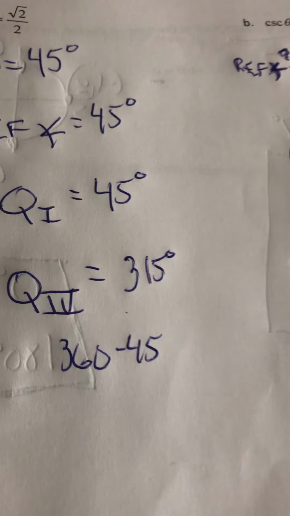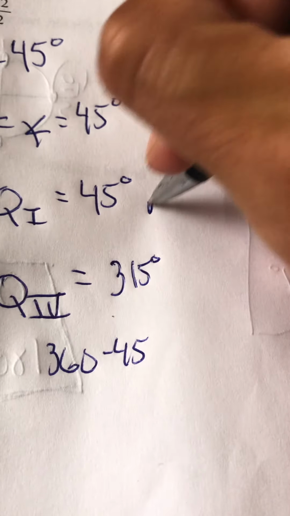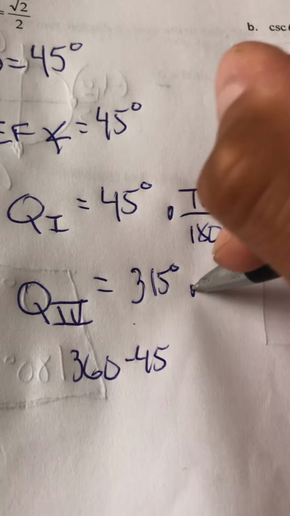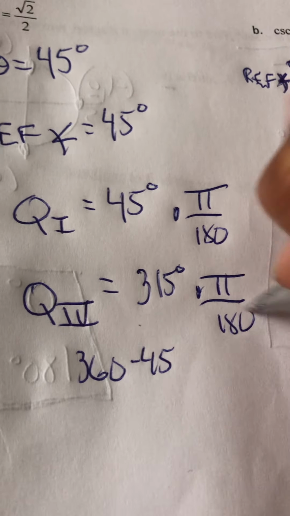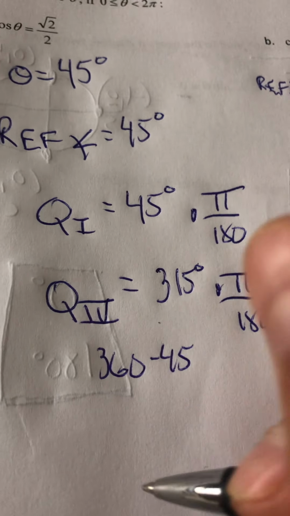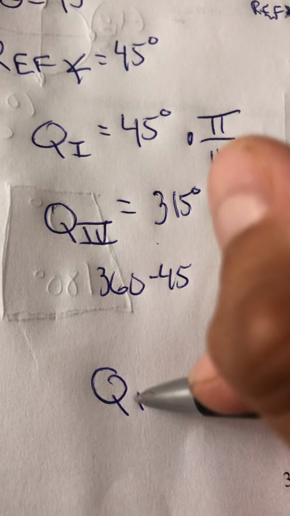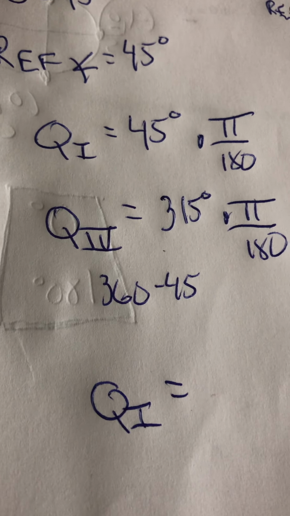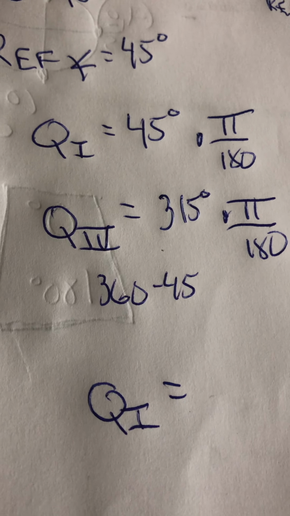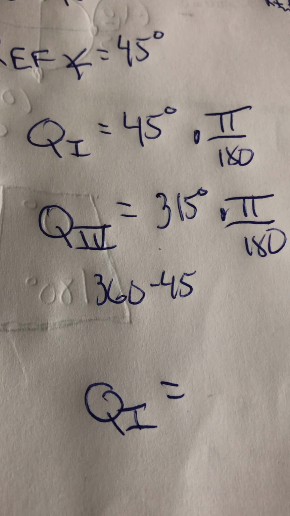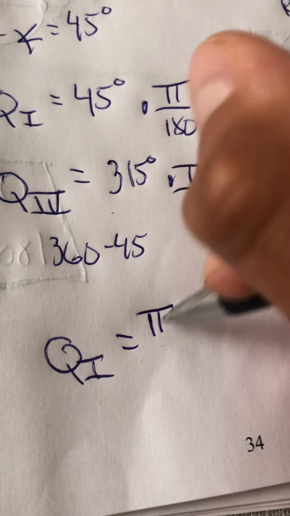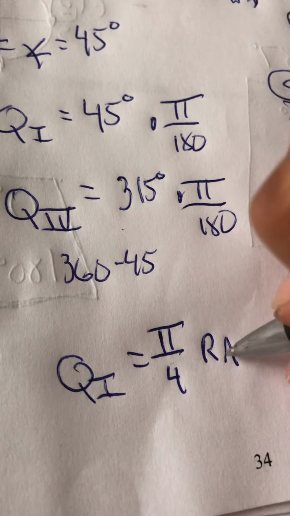We must convert these to radians. So times pi over 180 to both of them. So in quadrant 1, my answer would be pi over 4, or 1 pi over 4 radians.